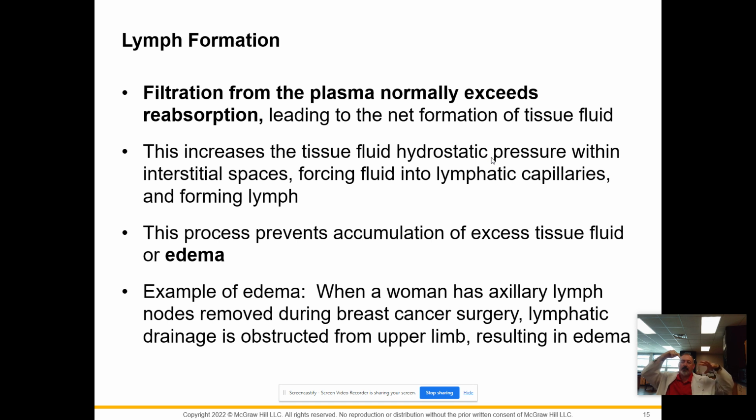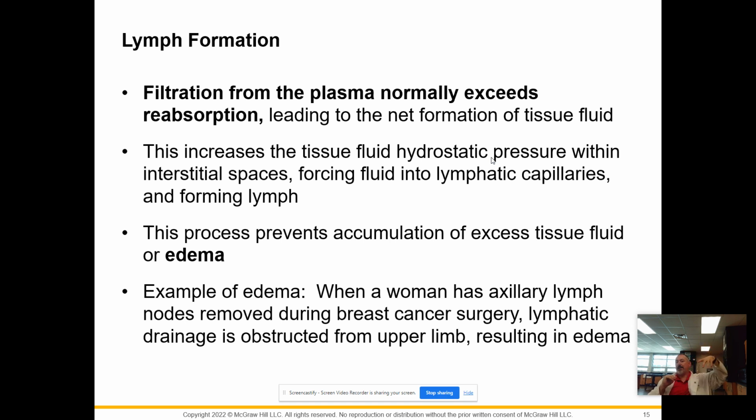capillaries. You're going to have a natural tendency of this higher pressure to enter into the lymphatic capillary, because it is lower pressure than around it. So if you remember the hydrostatic pressure on the arterial side of a capillary, it's roughly 35 and it's pushing a lot of that fluid out.